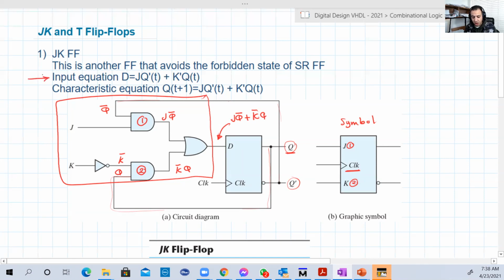D equal to J Q bar plus K bar Q is basically called the input equation.